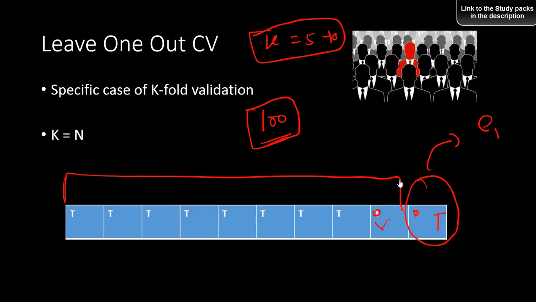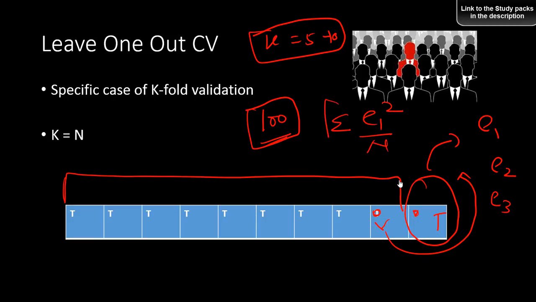Okay, and then we will again calculate error 2, and we'll keep on doing that. Okay, so you'll have error 1, error 2, error 3, and so on. So the average error will be simply the summation of the errors. You can actually square it just to get a mean square error. So the average error is going to tell us what is the accuracy rate and what is the expected error rate for the future.